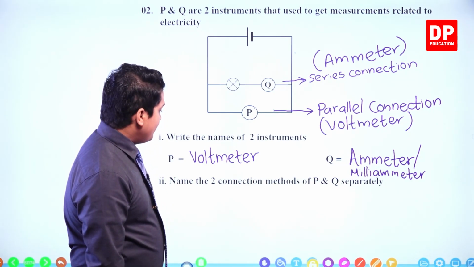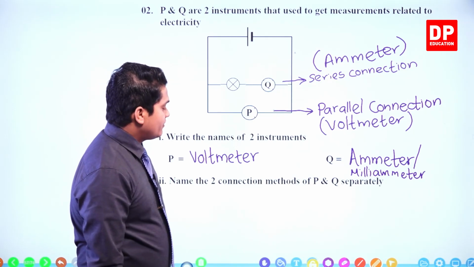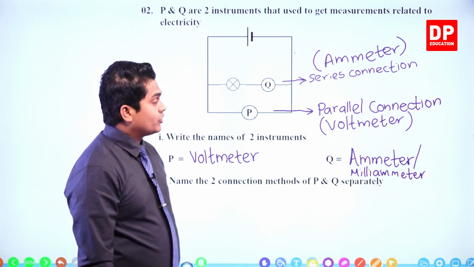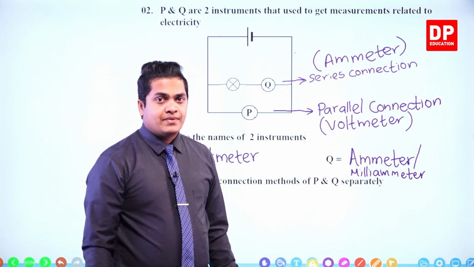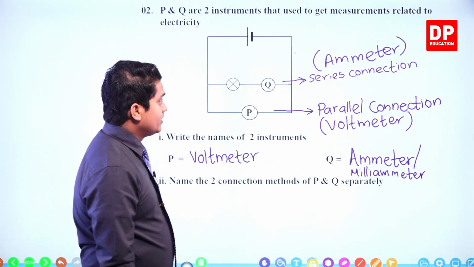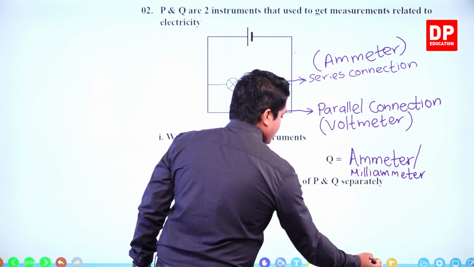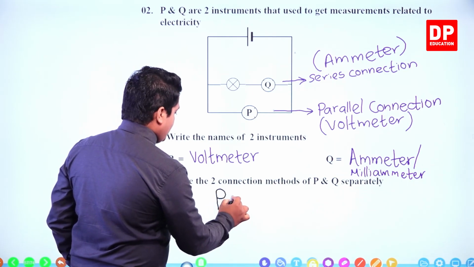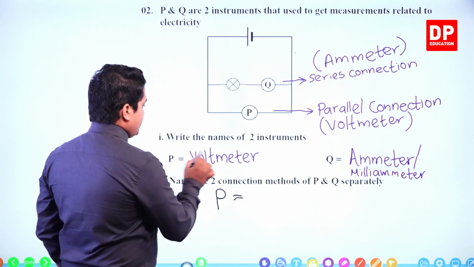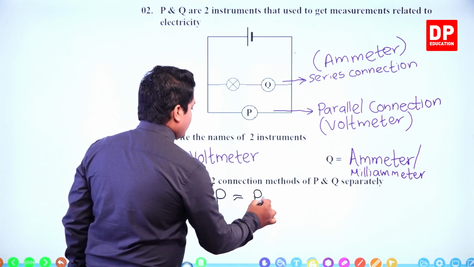Name the two connection methods of P and Q separately. Now you have to mention the connection types of P and Q separately. We'll write it down once again. P means the voltmeter, parallel connection.